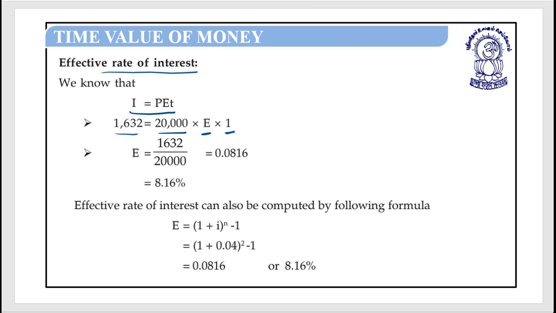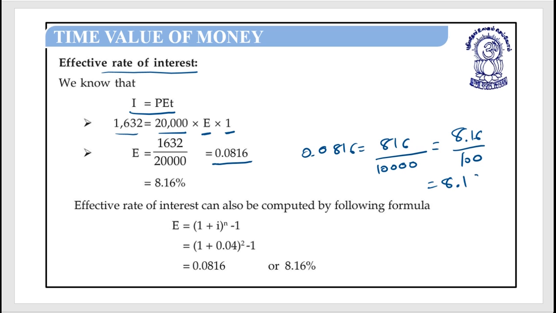So capital E is equal to 1632 divided by 20,000. So we will get 0.0816, which is equal to 816 by 10,000, or 8.16 by 100. So converted into percentage, 8.16 percent.